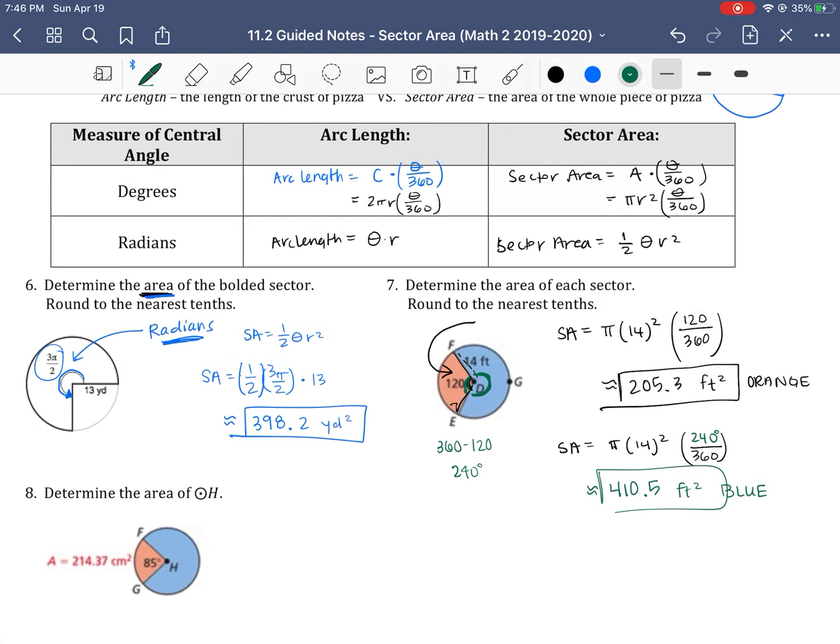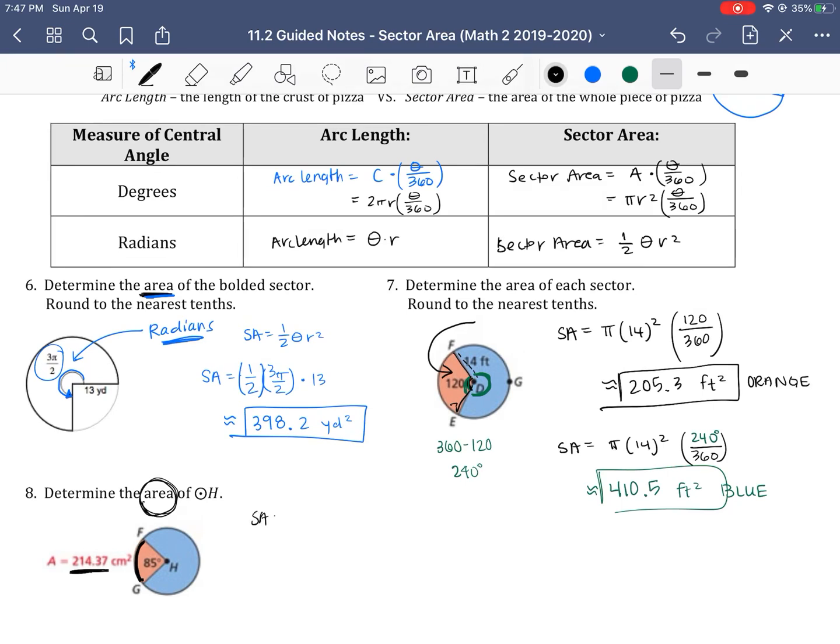Again, just picking out the formula and then make sure we're applying that correctly. On the last one, it says determine the area of circle H. Now this one wants us to find the area, and it gives us a sector area. So you'll notice it's labeling this piece right over here, and it's saying that that is 214.37. So this is one of those where we want to find area, and we're given a piece of the sector area. So we are going to look up here, and we're going to say, okay, well, 85 is in degrees, so I'm going to use this degree one, okay?